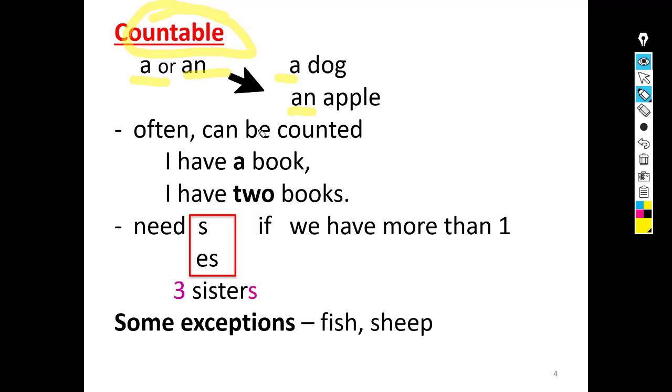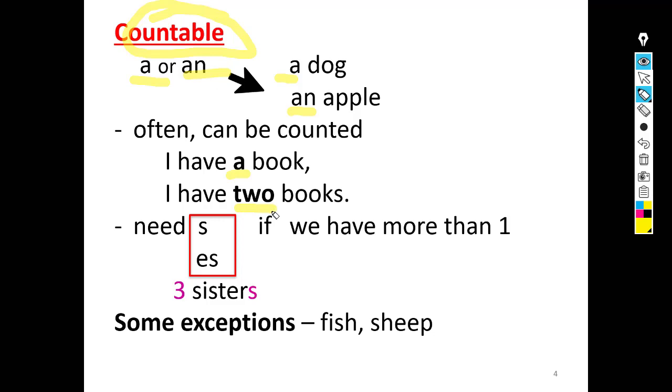So the second thing you need to know is, we can count them. Okay? So they can often be counted. For example, I have a book. This is one book. Yes? And I have two books or three books.